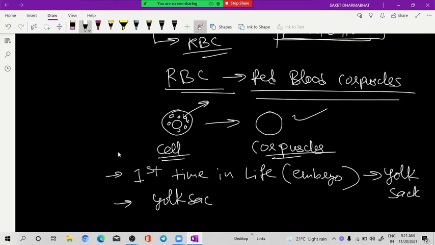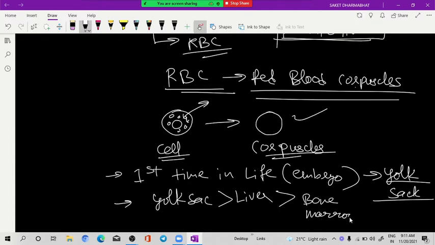A yolk sac is an extra embryonic membrane. That means the embryo is covered by four membranes: amnion, chorion, allantois, yolk sac. In 12th class we are going to see about that. So second, it is found in the liver. And at last it starts forming in the bone marrow. Clear up to here?